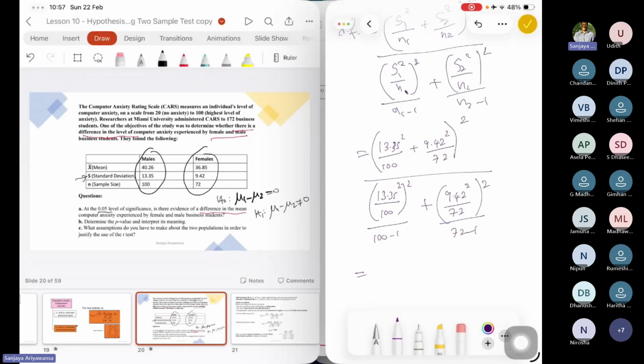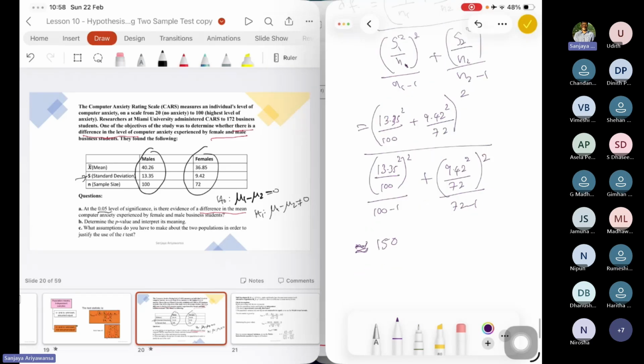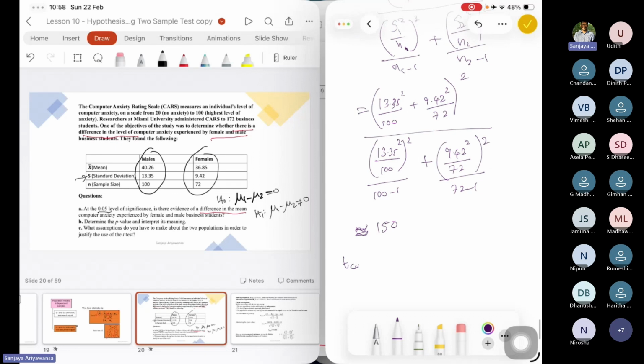If you put this into a calculator, you should get degrees of freedom of roughly 150. So your critical value is t 0.025 comma 150.